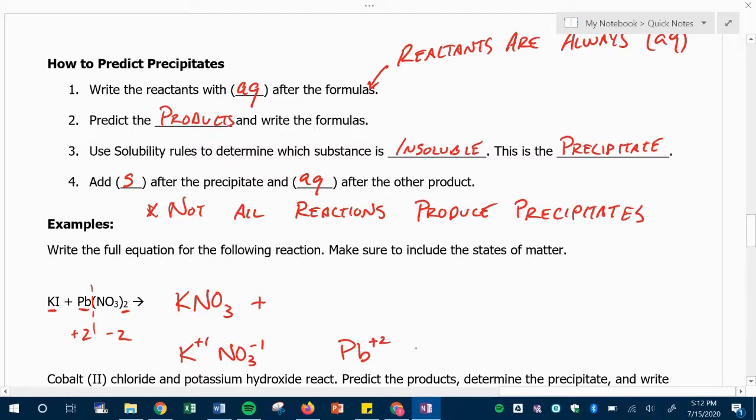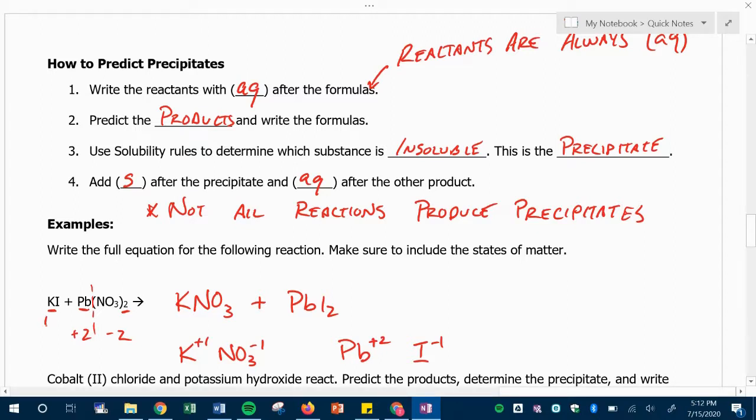Then it's paired up with iodine. For iodine, because of where it is on the periodic table, it should be -1. So that means this formula should be PbI2. All right, now that we have these listed, let's figure out which one is aqueous versus solid. Let's start off with our KNO3.